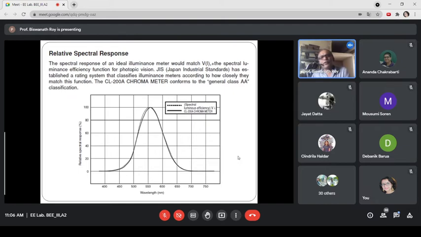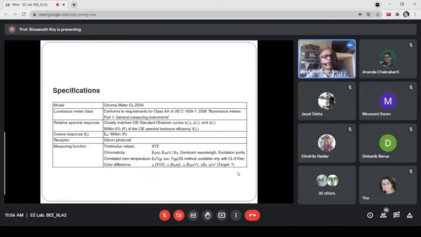Okay, very close. So with this sensor, it is possible to measure the light related information, color related information of visible radiation. Okay. So any question about this instrument?